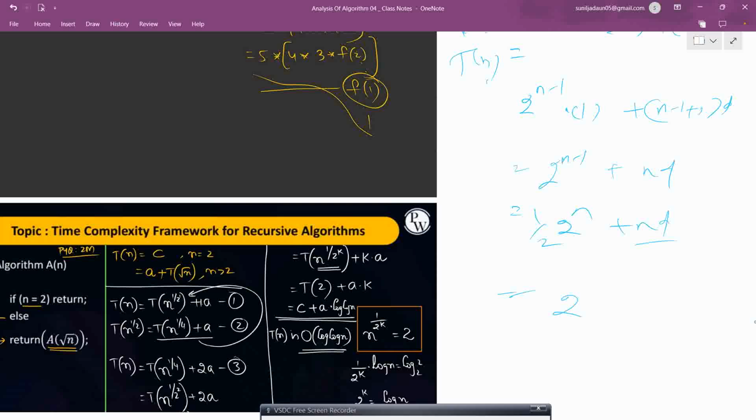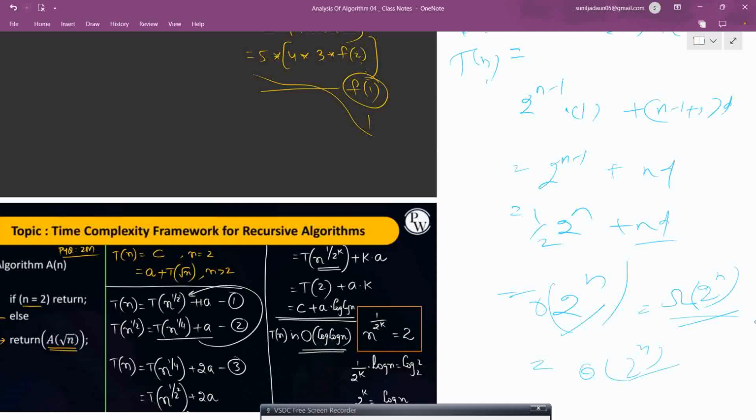Let's say order of 2 to the power n. And omega of 2 to the power n also, because bigger than always order of that. So theta of 2 to the power n.